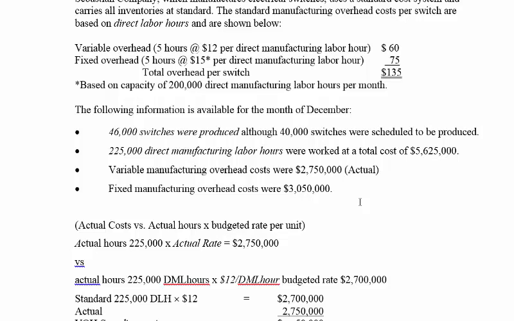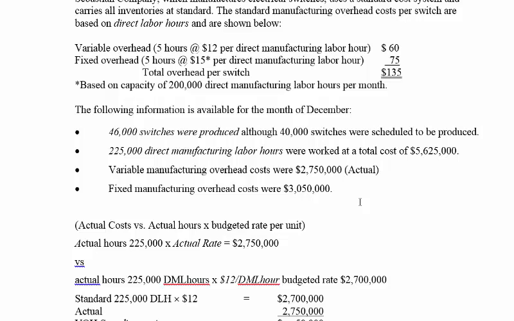Therefore, based on that information, if you add the two of those together, you've got a total overhead per switch, because each switch takes 5 hours to produce, equals $135 per switch. Now, this information is based on capacity of 200,000 direct manufacturing labor hours per month. And I will come back to this information in some of the problems that we're going to work below.